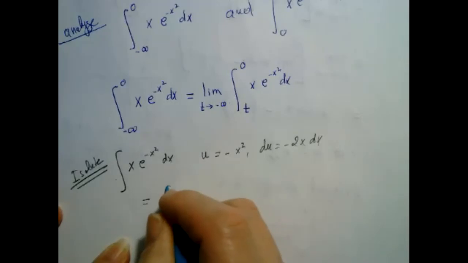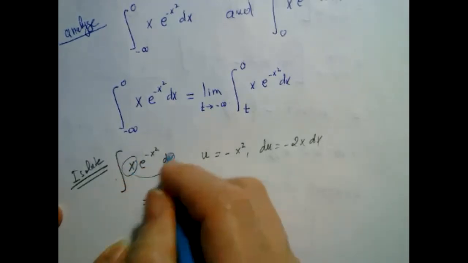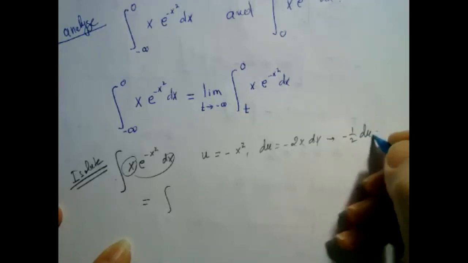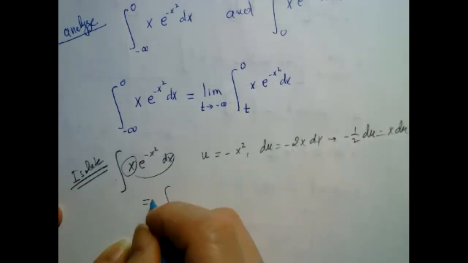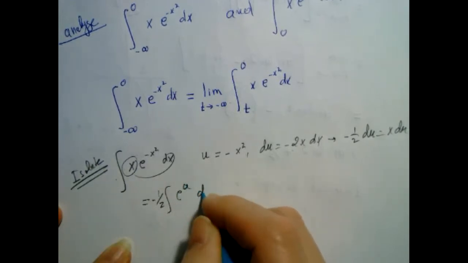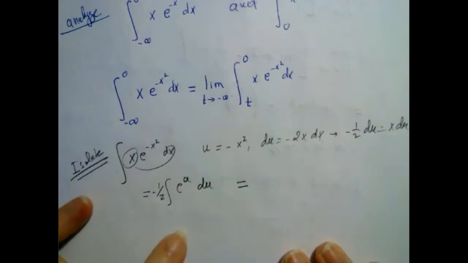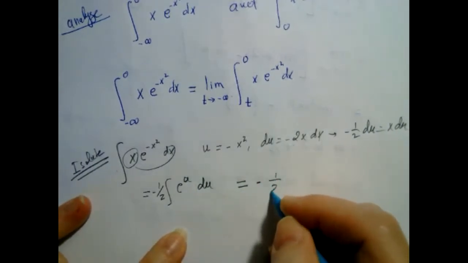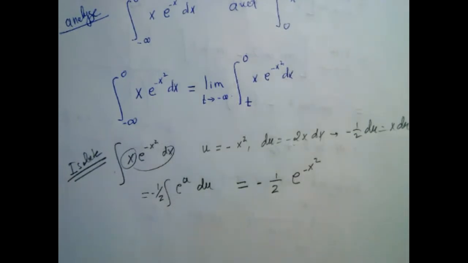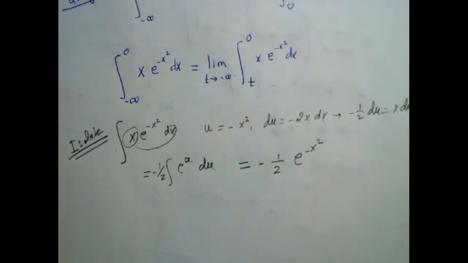So x dx is minus a half du. So this will give me minus a half, and I will have e to the u du. So this is minus a half e to the minus x squared. All right, so I isolated this integral.